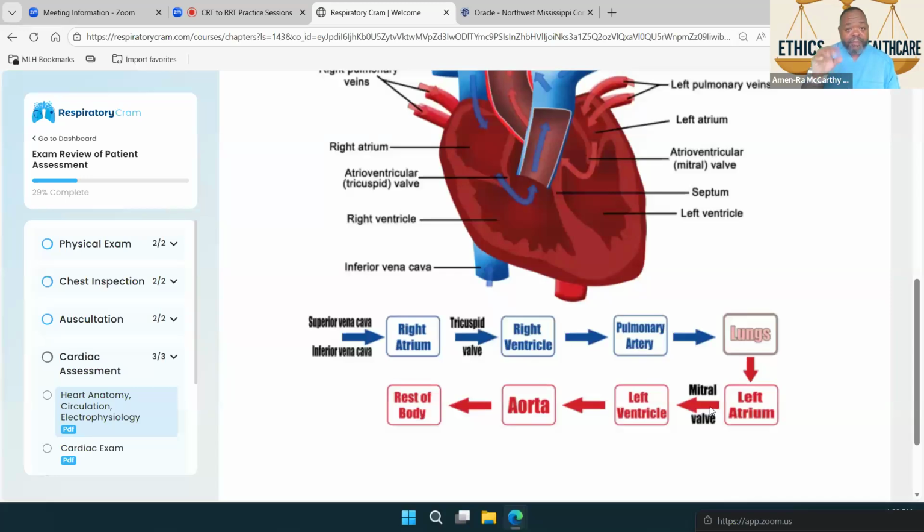Those are the same thing, and might be used interchangeably on the test. Into the left ventricle, then through the aortic valve into the aorta, and then to the rest of the body. That is the blood flow through the heart and its primary structures and chambers.